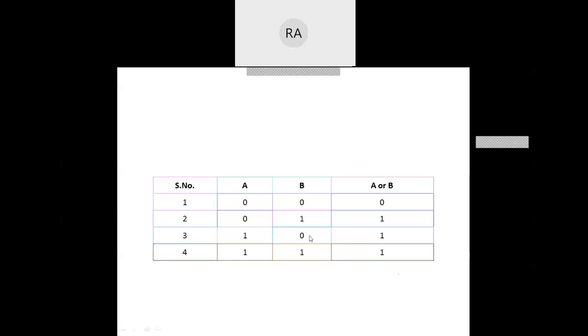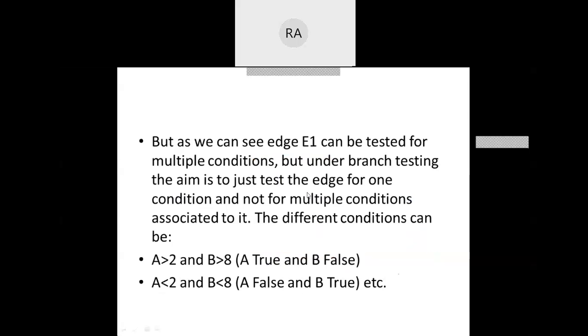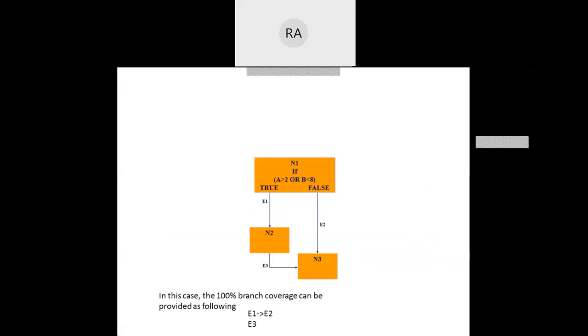Suppose you look at this particular thing, A and B, with the previous example. We are going to test with all the possible Boolean values for A and B and the outcome associated with the values that have been taken as input. Same example they have taken over here.